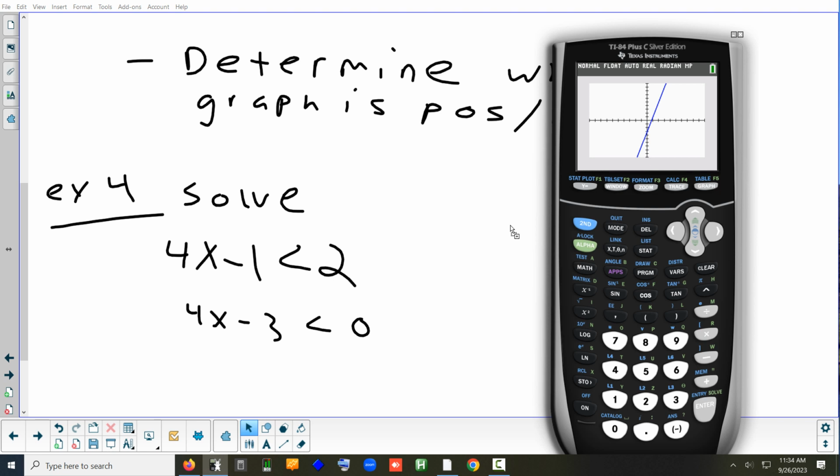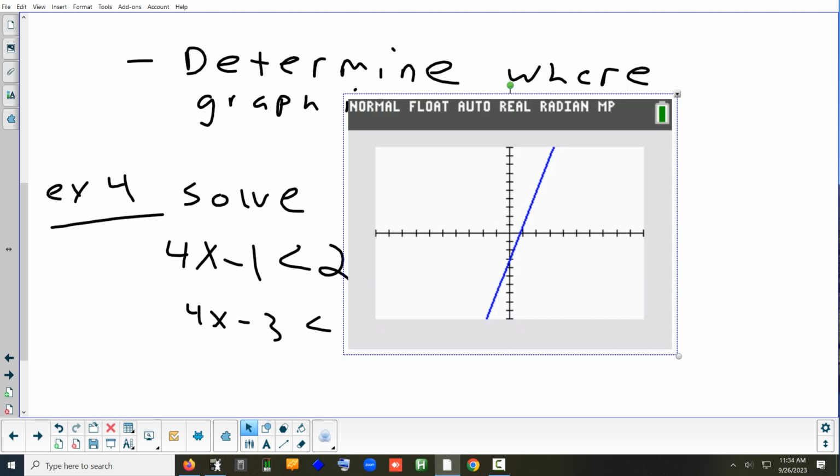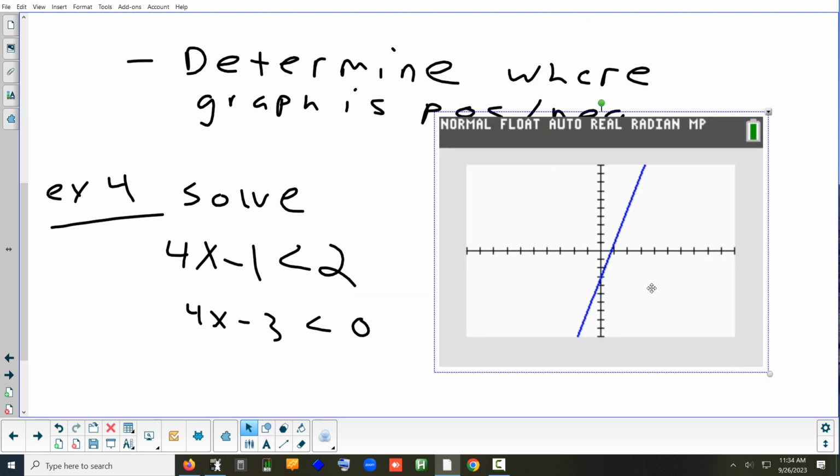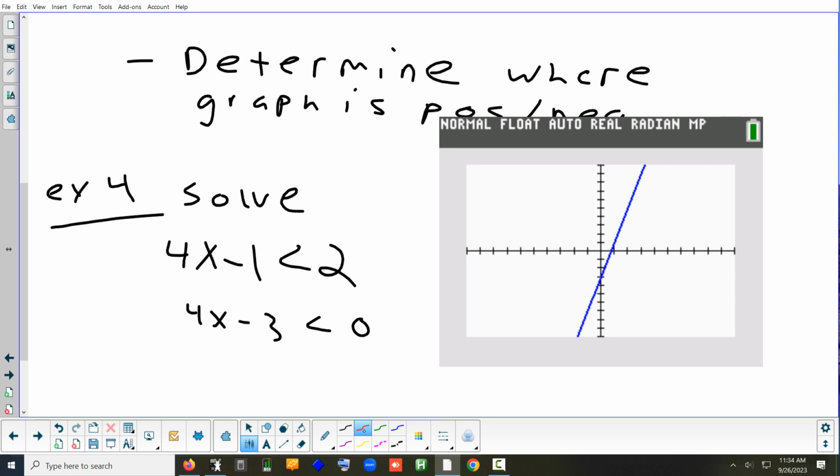Let me show you. First of all, you have where it is less than 0. You have where it's more than 0. And then you have where it is exactly 0. We are looking for where it is less than 0, so I'm looking for the red section.